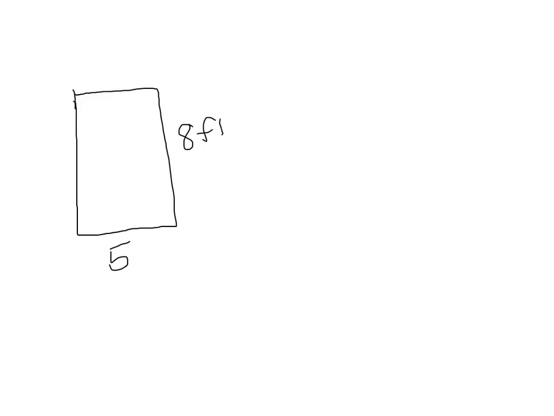All right, so for number 5, our question says a rectangular vegetable garden has a length of 5 feet. Okay, so let's draw a rectangular vegetable garden. It's got a length of 5 feet and a width of 8 feet. Better make sure we get our units labeled in there. 5 feet and 8 feet.